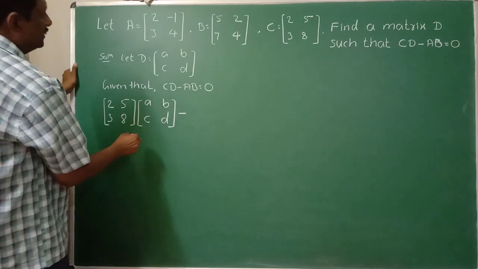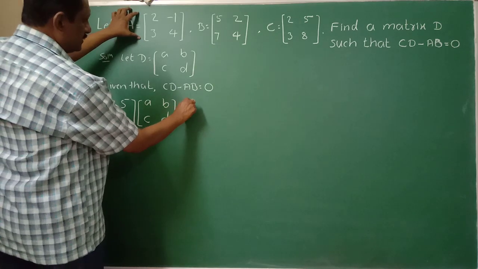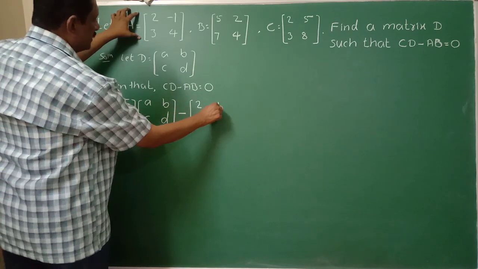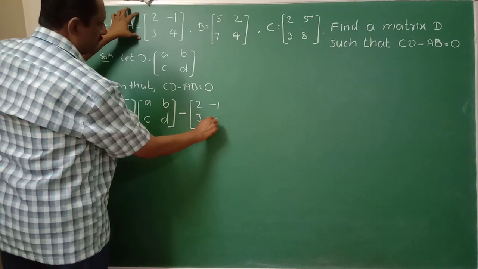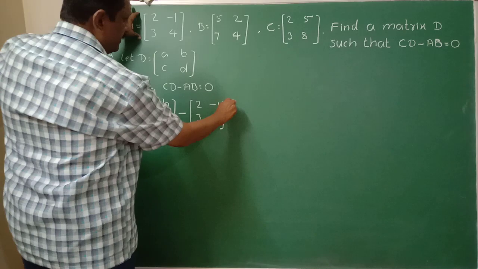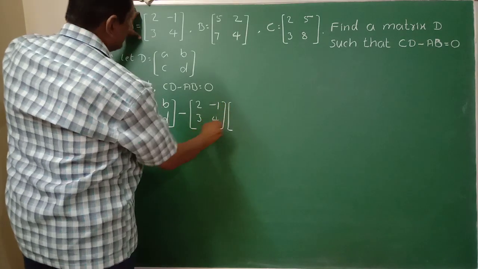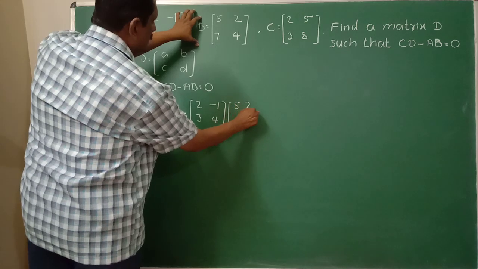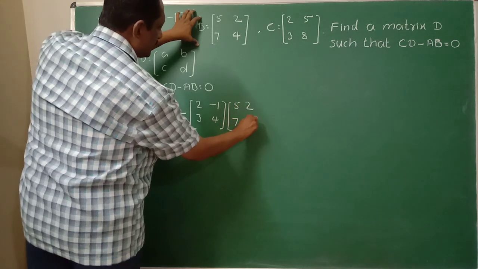Minus the matrix A, which is this: 2, minus 1, 3, 4, into the matrix B, which is 5, 2, 7, 4.